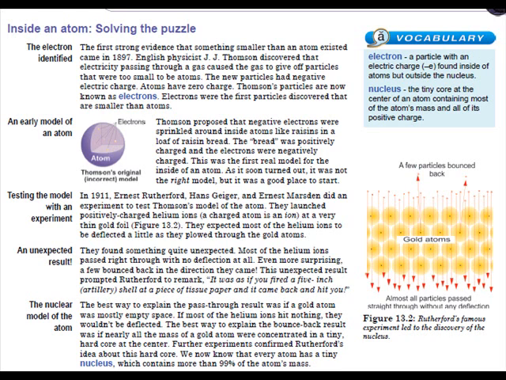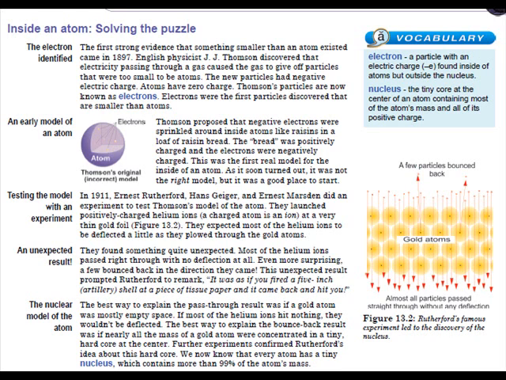They found something quite unexpected. Most of the helium ions passed right through with no deflection at all. Even more surprising, a few bounced back in the direction they came. This unexpected result prompted Rutherford to remark, "It was as if you fired a 15-inch artillery shell at a piece of tissue paper and it came back and hit you."